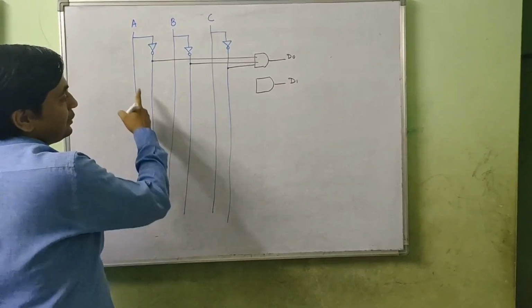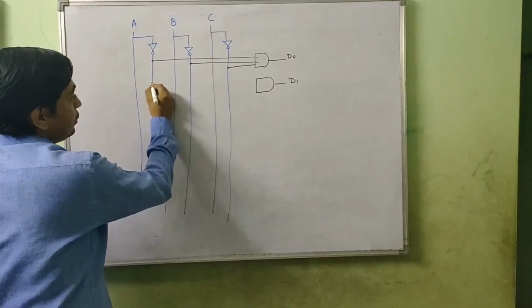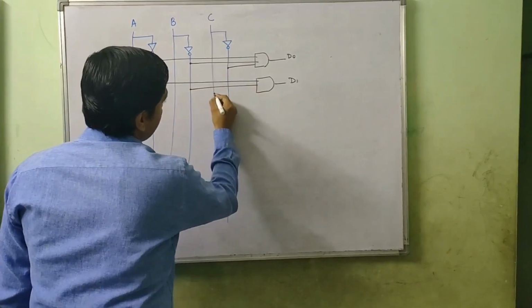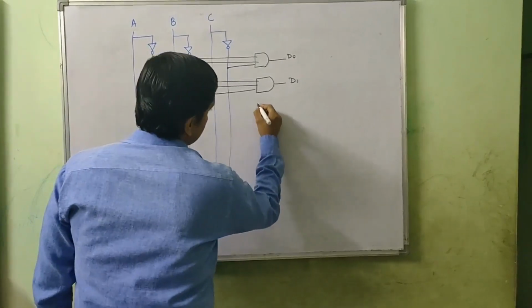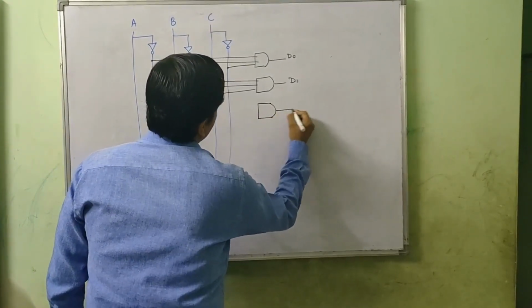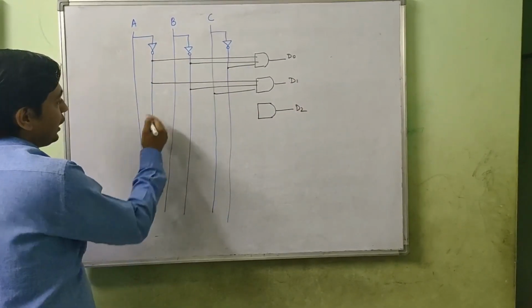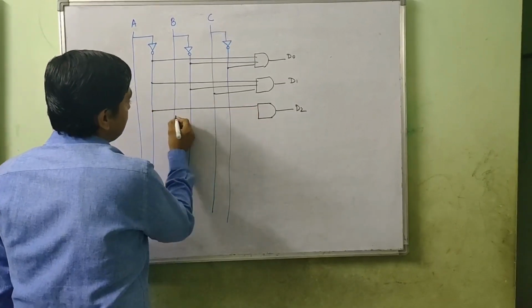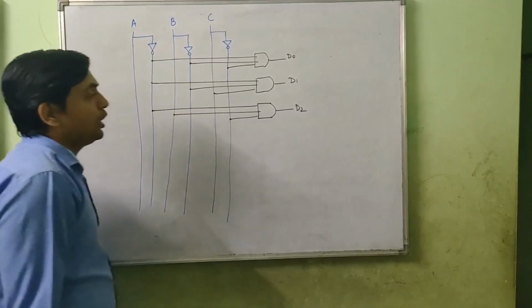D1 will be 0 0 1, so A complement, B complement and C. So this is D1. Similarly D2, this will be 0 1 0, so A complement, B, C complement. So this one will be B and this one will be C complement.